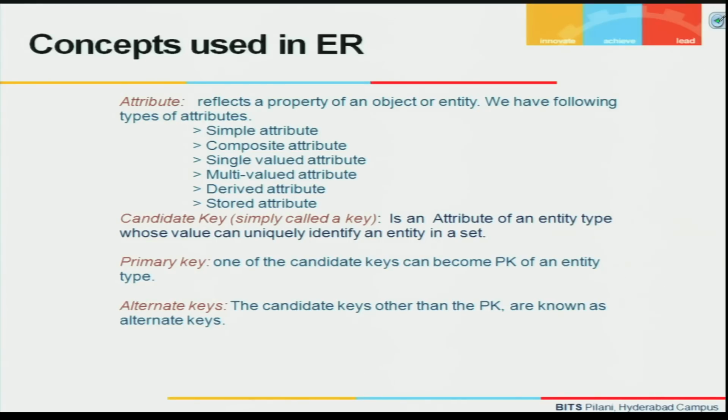But age, if the enterprise organization wants the age of a person or student correct to the number of days or months, then whenever it is required, the exact age in months or days can always be calculated based on the current date as well as the stored value of the date of birth attribute. So that's why age can be treated as a derived attribute, and date of birth can be treated as the stored attribute. This is about attributes: simple and complex, single and multi-valued, derived and stored attributes.